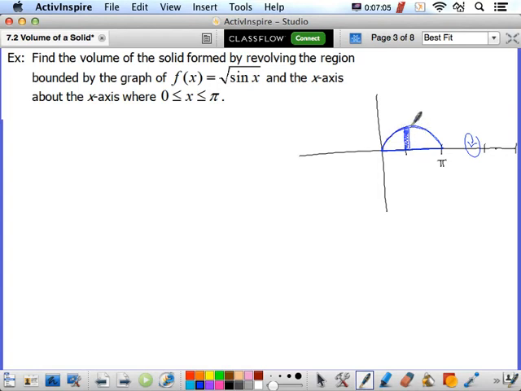So this is my upper bound graph and my lower bound graph right here.